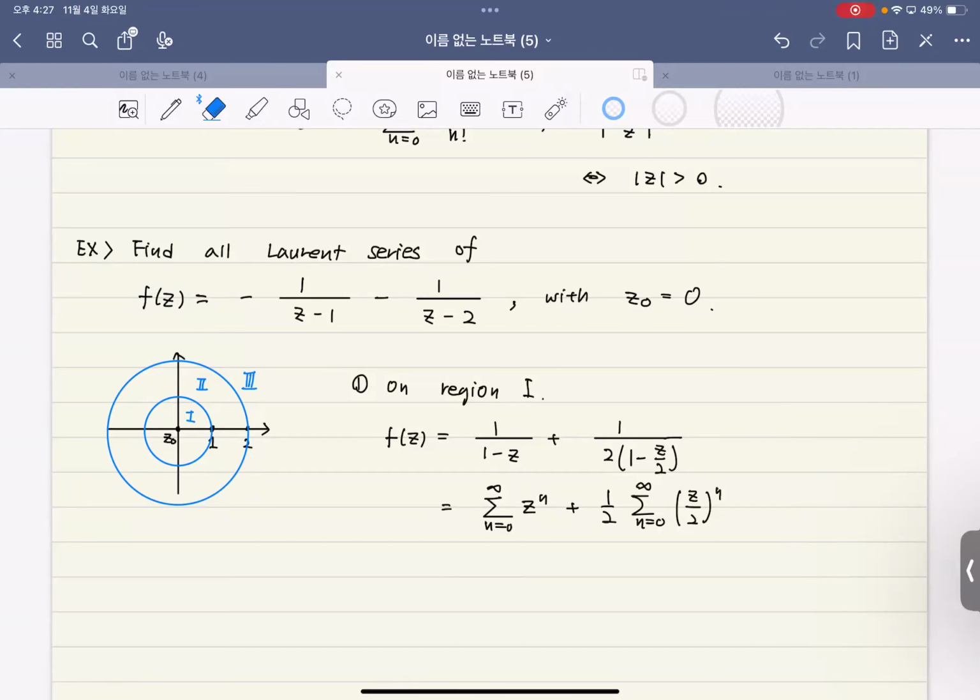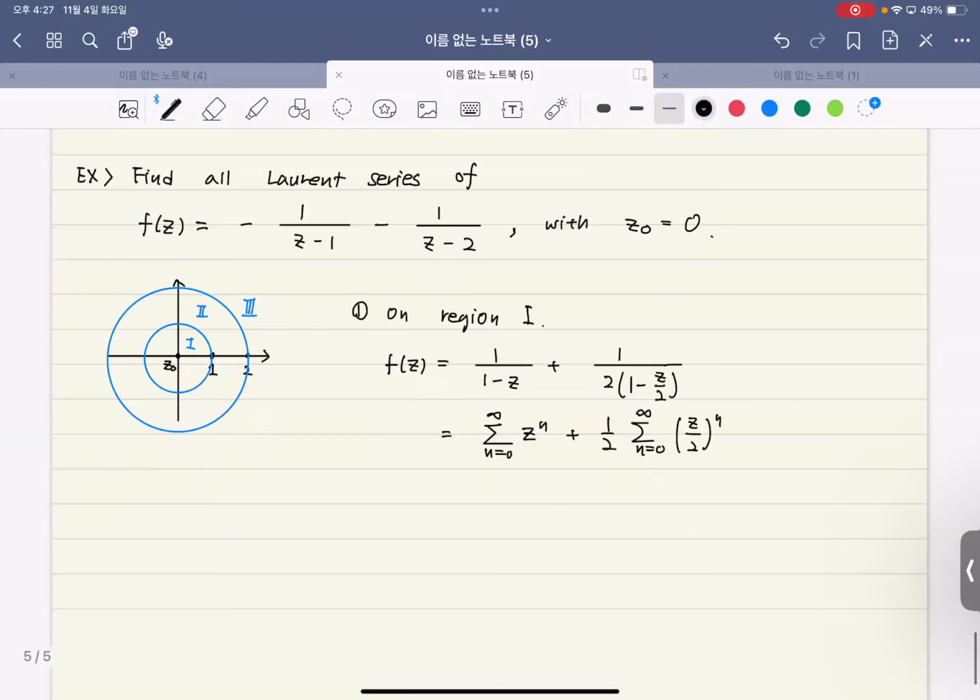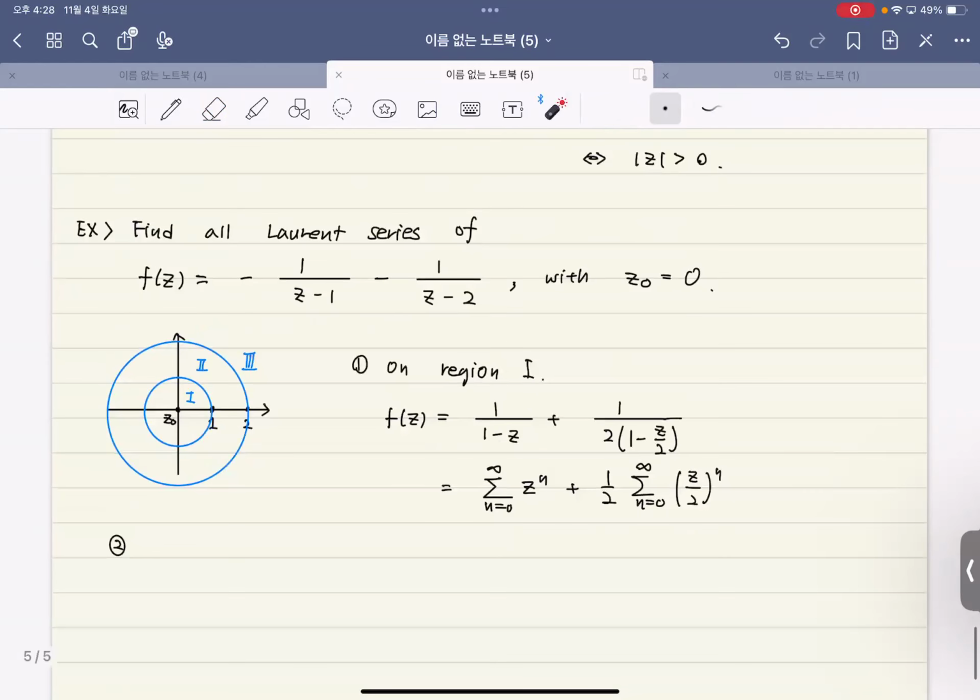For region number 2, I cannot take advantage of this expansion anymore, because the modulus of the point in this region is greater than 1.